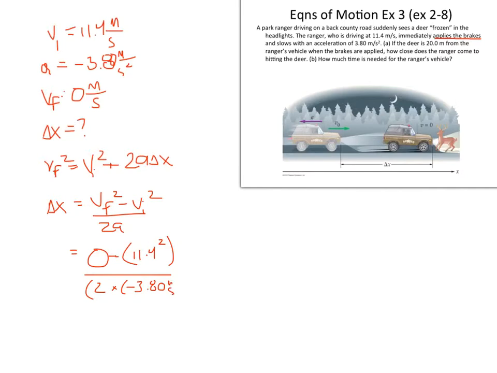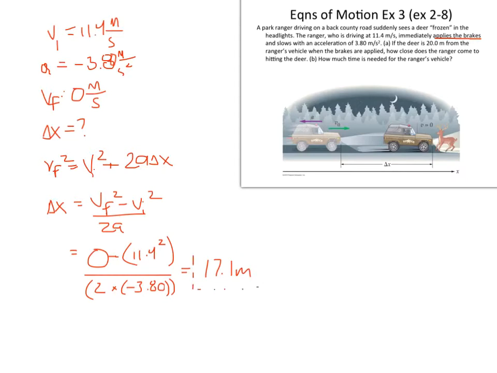I usually write my units, but for the sake of simplicity, I'm going to leave them out. 3.80 end bracket, and we should have our value for the displacement. Okay, and that gives me 17.1 meters. So that's the actual displacement that the Ranger's truck undergoes.